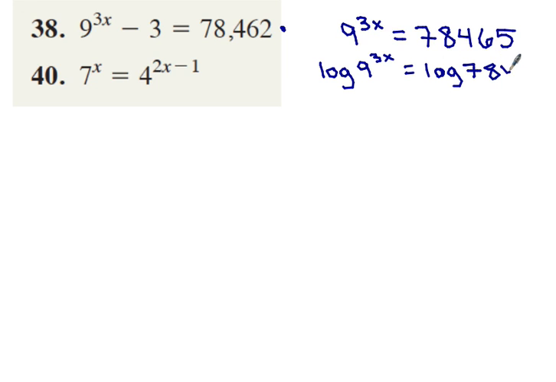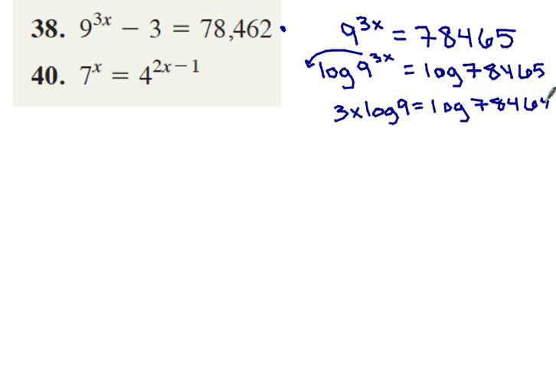And so now, because we have a log, we're allowed to use that property that will move that exponent up front. So we end up with that 3x log 9 equals this log of 78,465. And now we just need to get x by itself, so we can divide by 3 log 9.